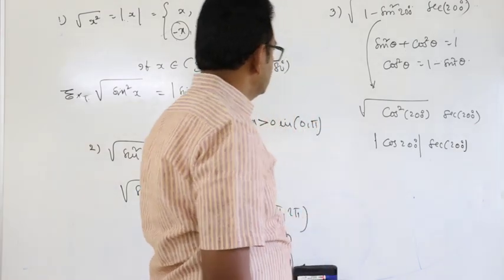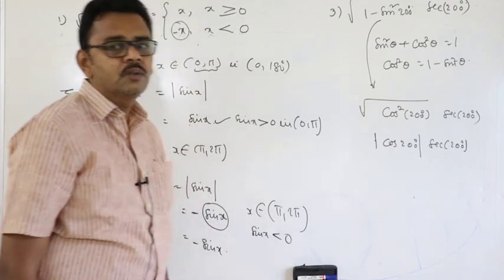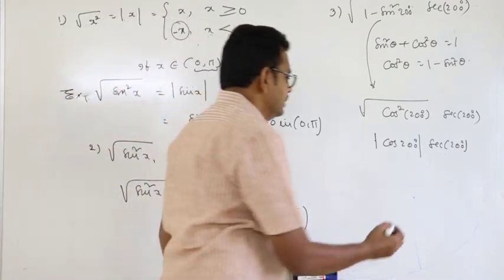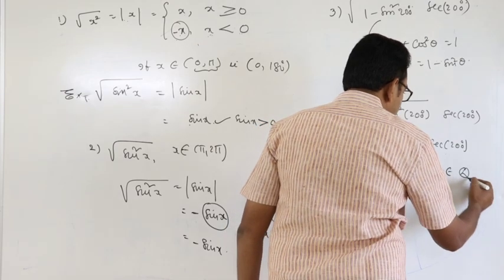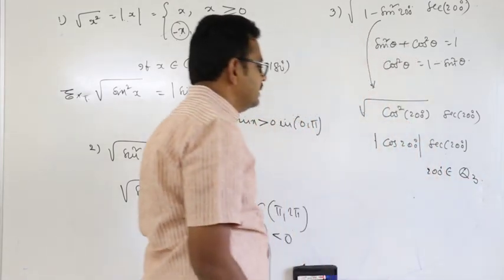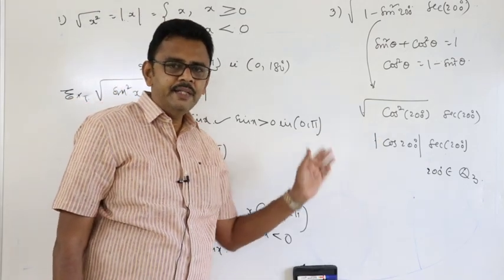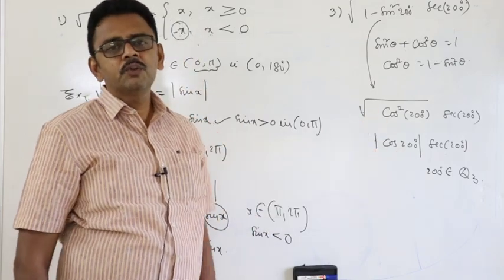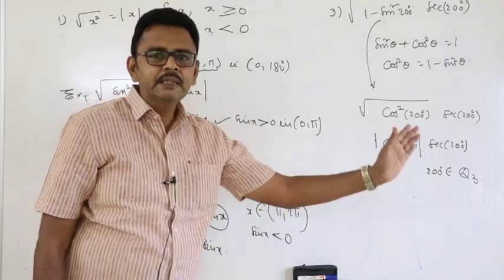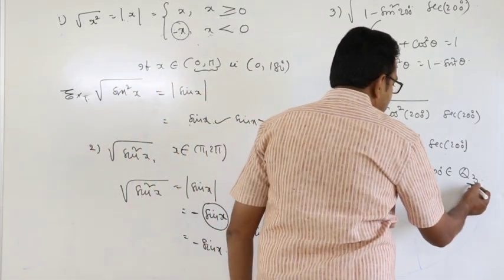What does 200 degrees mean? It is in the third quadrant. First quadrant is 0 to 90, second quadrant 90 to 180, third quadrant 180 to 270 degrees, fourth quadrant 270 to 360 degrees. So 200 degrees lies in the third quadrant.